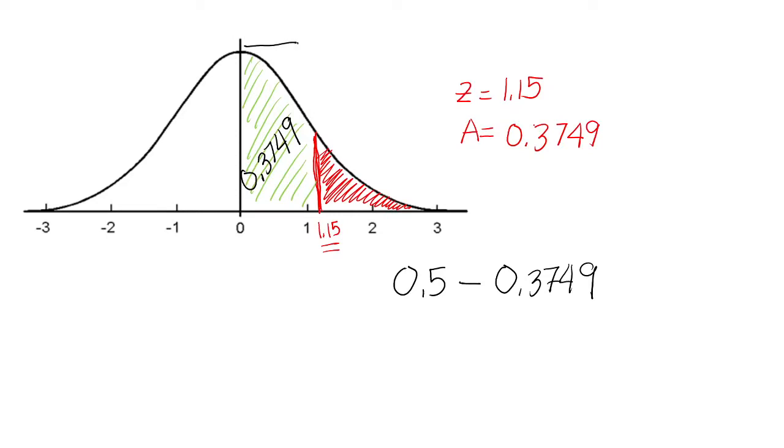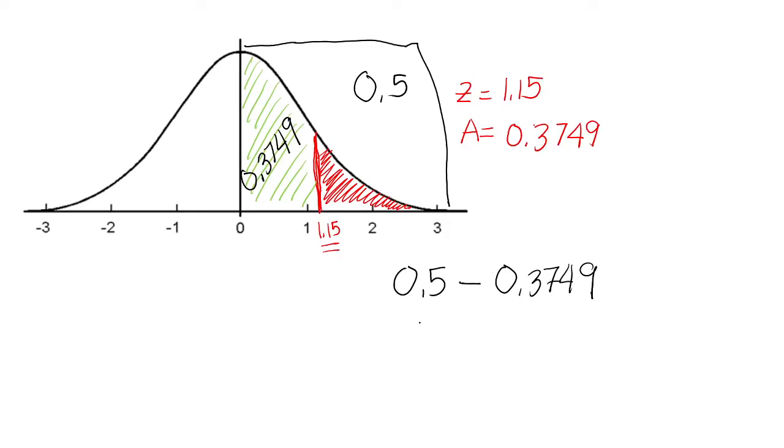The whole part here is 0.5. And if I subtract 0.3749 from 0.5, I'll be getting the area of the red shaded part. And how much do you get for this?